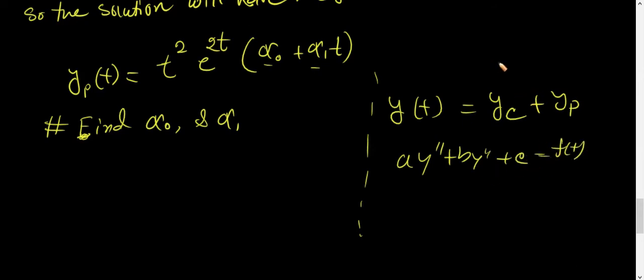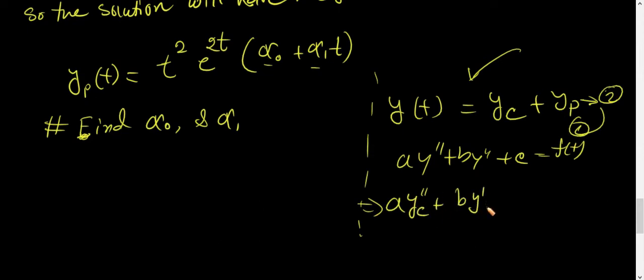And if you bring this, let's call this 2, into this equation, it would decouple into two parts. One will be a y double prime c, then b y prime c, that is the complementary solution, coming from the homogeneous part. Oh, there should be a y over here. Yeah, c y_c.